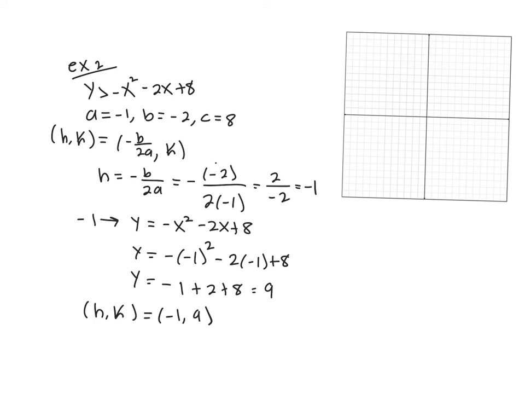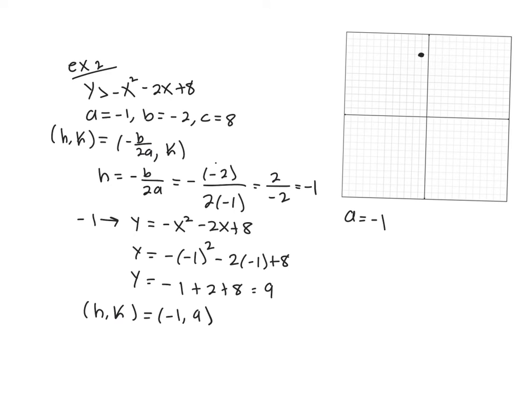So you can go ahead and plot that: negative 1, 1, 2, 3, 4, 5, 6, 7, 8, 9. So my vertex is here. I can still use the trick that you used before, treating your A value kind of like your slope. So your A is negative 1.